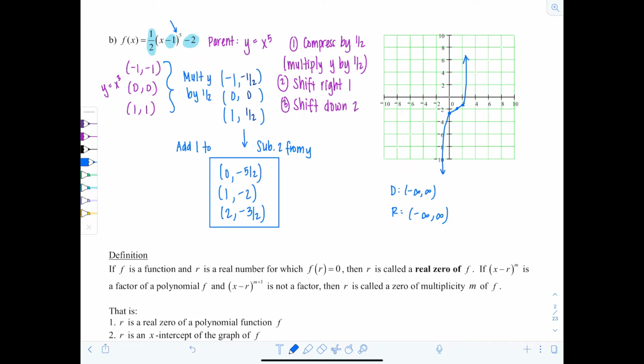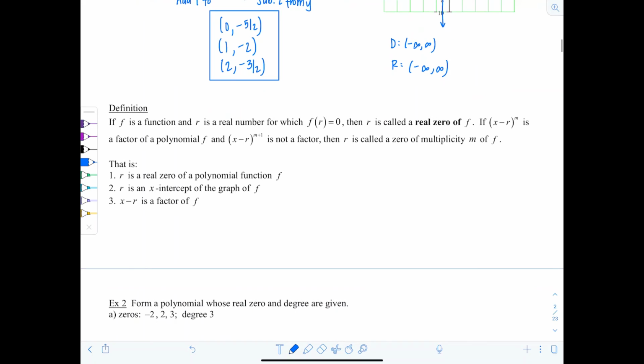Okay, here we go. Now, we're going to look at more involved functions. If f is a function and r is a real number for which f of r equals 0, then r is called a real 0 of f.